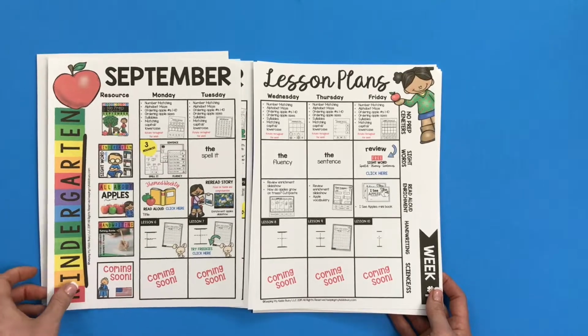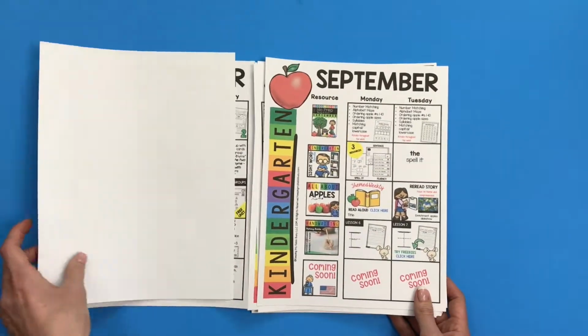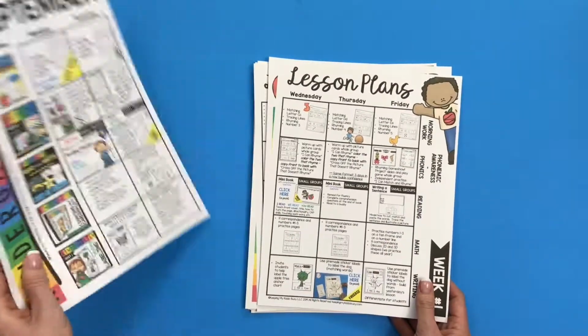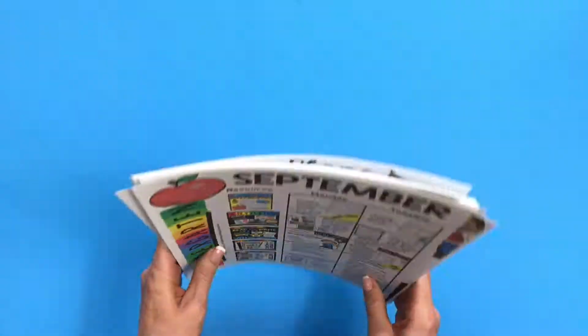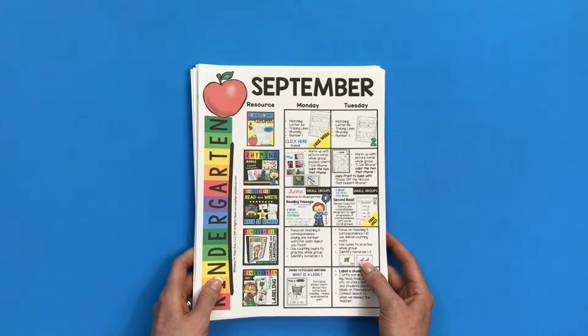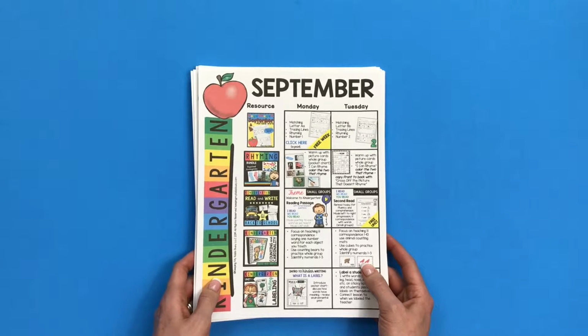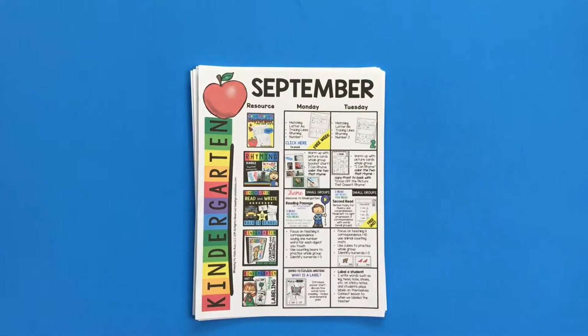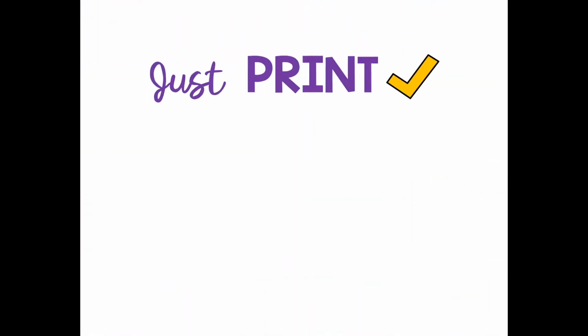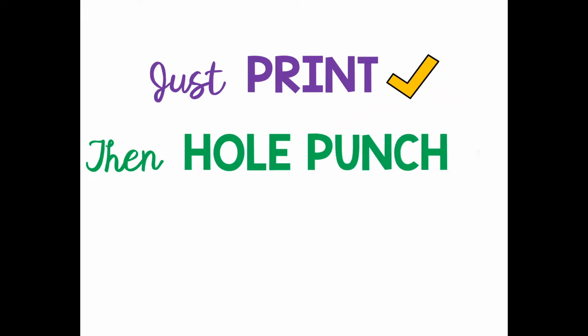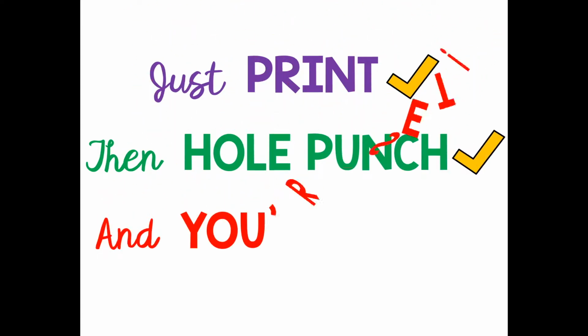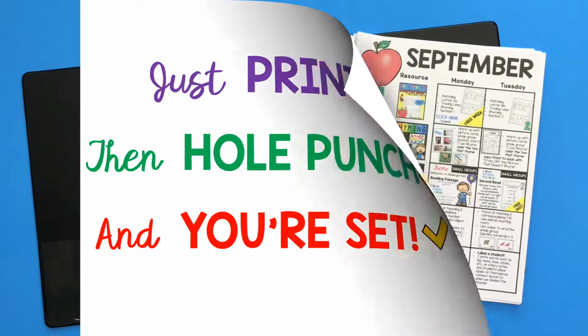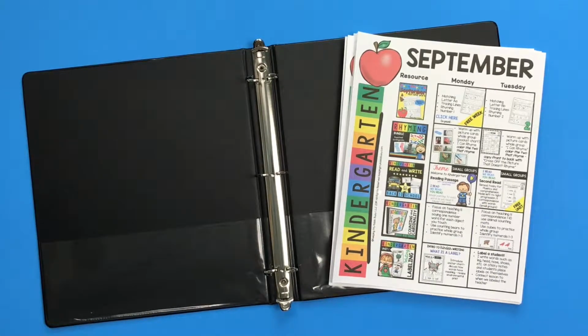So that is, in a nutshell, the resources that I use on my lesson plans, and now I'm going to show you how I put them in my lesson planning binder for the month. These lesson plans are formatted so that 2 pages will make up 1 week.